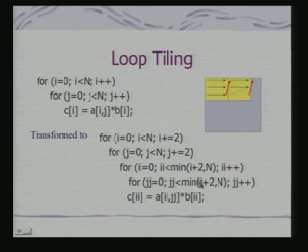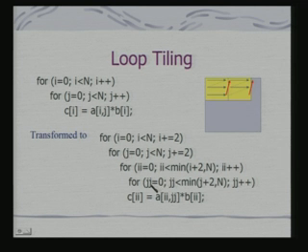Now, how to do that? If you look in here, the way I have reorganized the indices is providing for access of parts of it. If you see here, I am incrementing i in steps of 2 and not 1. I am incrementing j in steps of 2, and here I am assigning ii, which is a new index, and jj, which is again a new index which I have brought in.